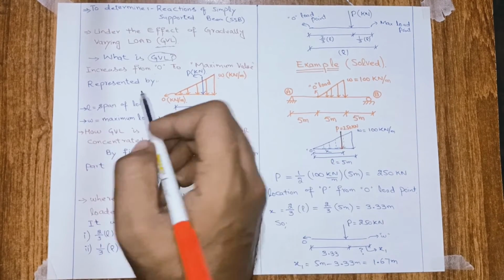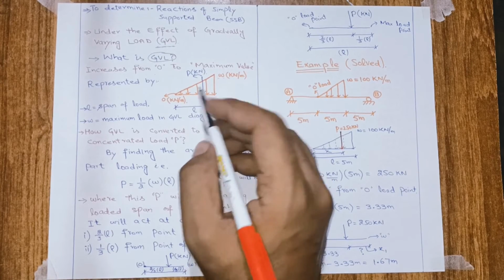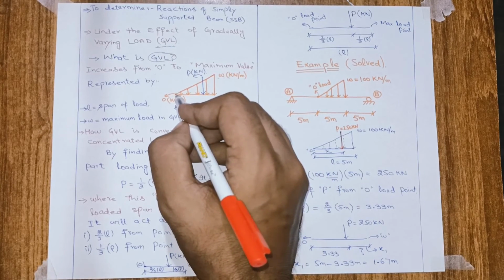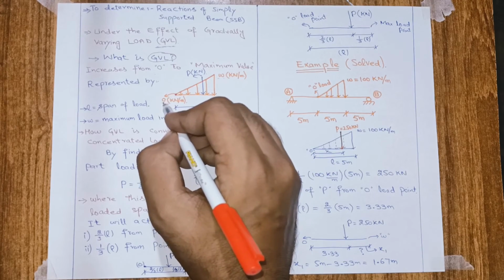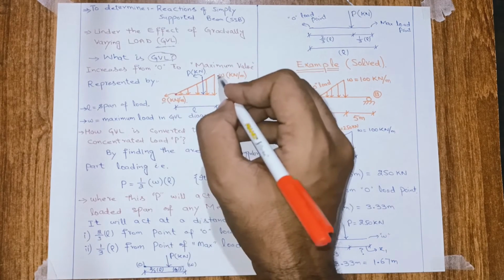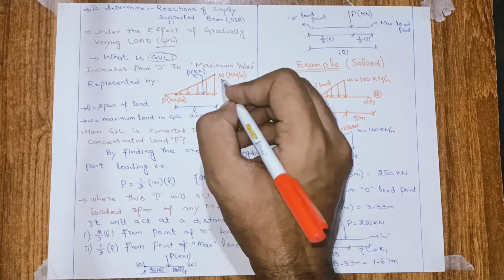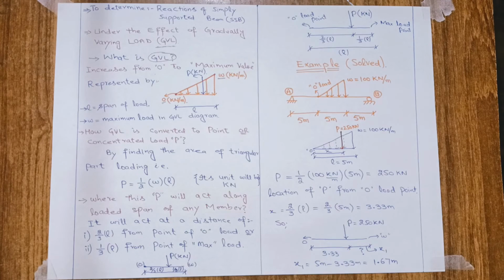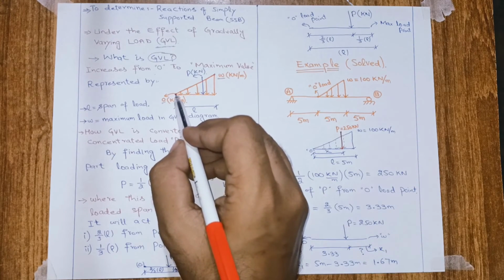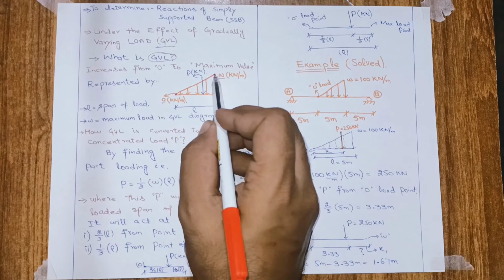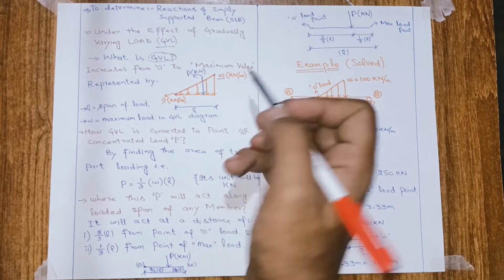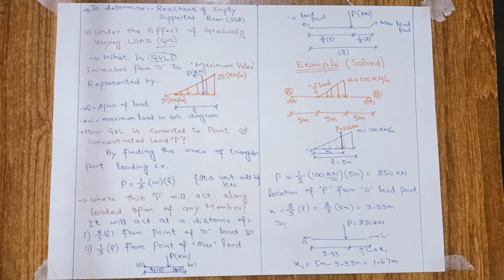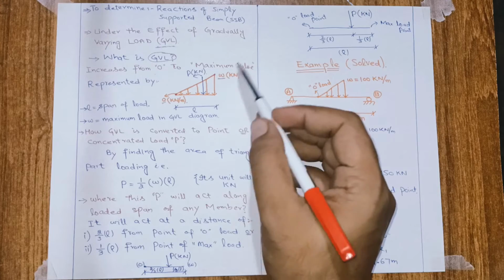This load is represented by a triangular formulation which has two parts. One is the minimum part or zero load point, and the other is the maximum load point, known as W in my context. So this load varies from 0 to a maximum value W. This may be 50, 60, 100, 200, 500 kilonewton per meter or pounds per foot.